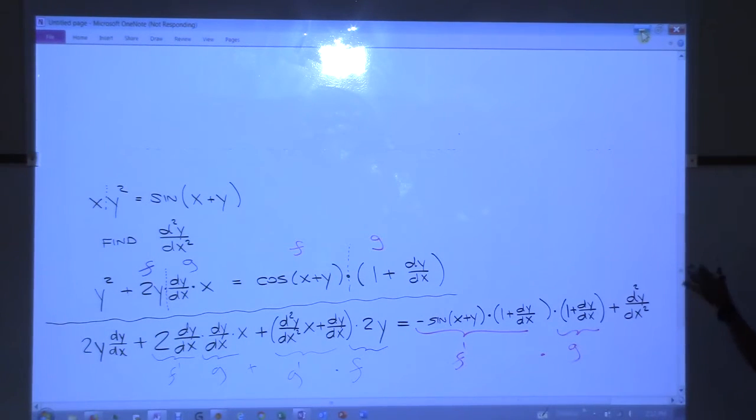Right? Because the derivative of 1 is 0. Are we done? This is G prime, right? G prime, and then finally times F, which is cosine of x plus y. Yikes.